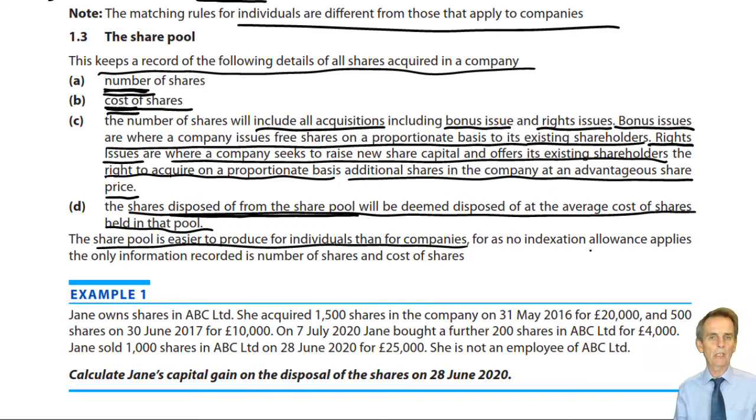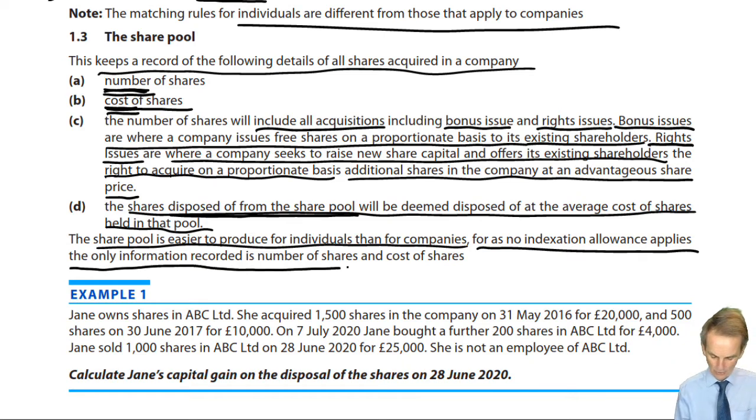The share pool is easier to produce for individuals than for companies. There's only two pieces of information we need to have here, that being the number of shares and the cost of those shares. In companies, of course, indexation allowance may be available, and that would apply. But in corporate tax, there will be an extra column.